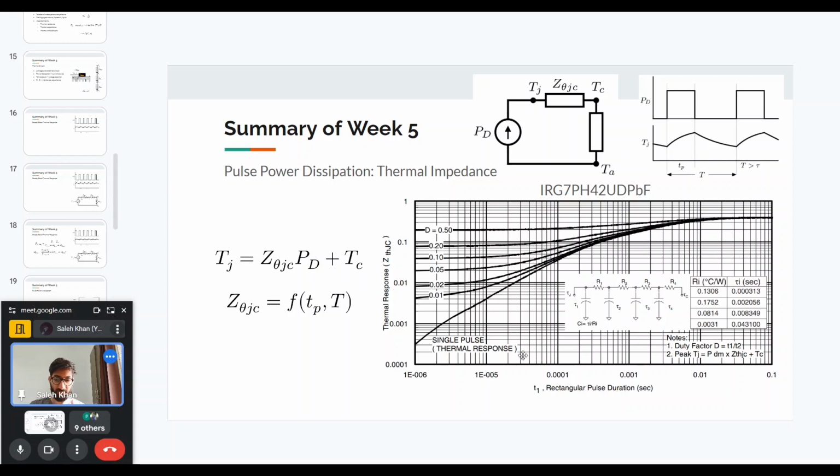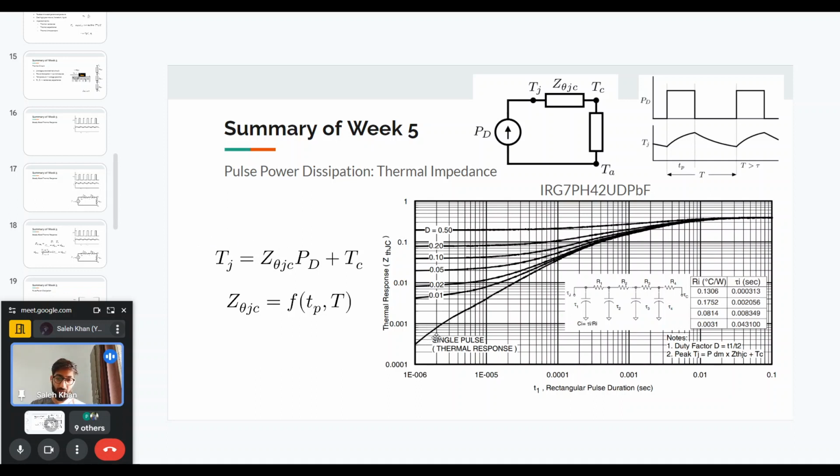So, for example, if the duration of the pulse is 10 microseconds, which would be 1e minus 5, the x-axis is basically the duration of the pulse in seconds, and 1e minus 5 would be 10 microseconds. Then we can see that the thermal resistance is around 3 milli. So then we can use this to find the temperature of the junction.